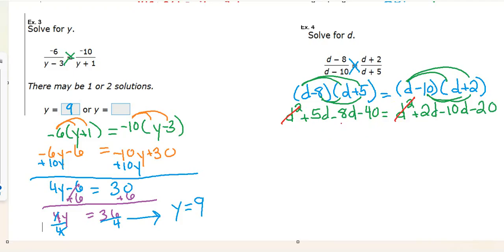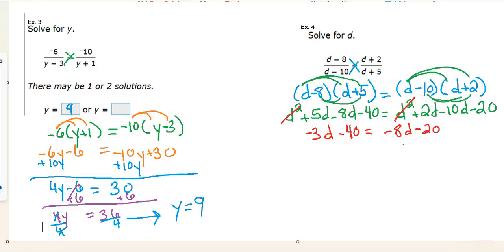Now we can combine these d's. That's going to give us -3d minus 40. And over here, we have -8d minus 20.